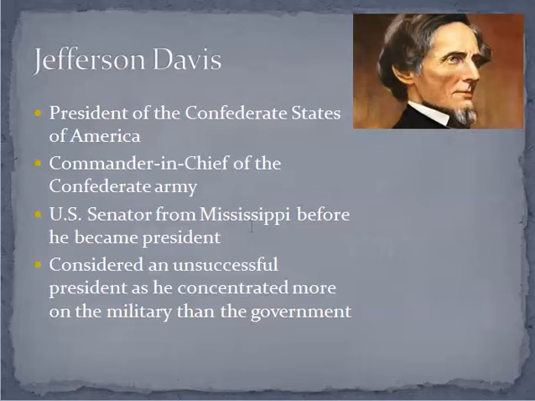He was overall considered an unsuccessful president, as most of his efforts went towards the military and trying to win the Civil War versus some of his responsibilities to the government in the role of the presidency.